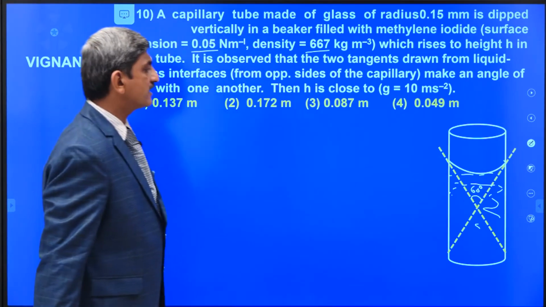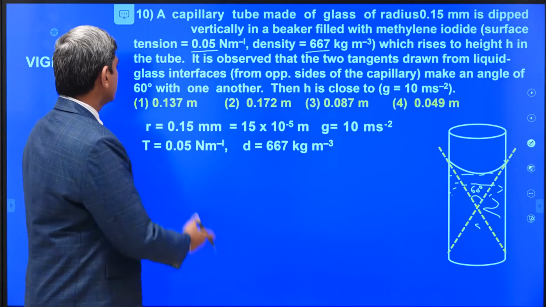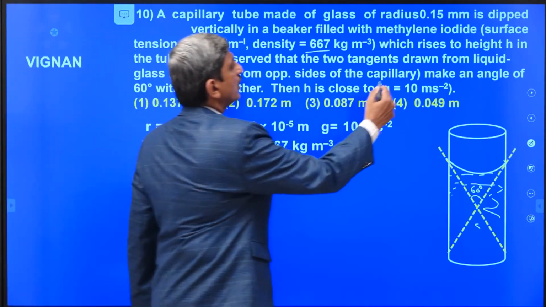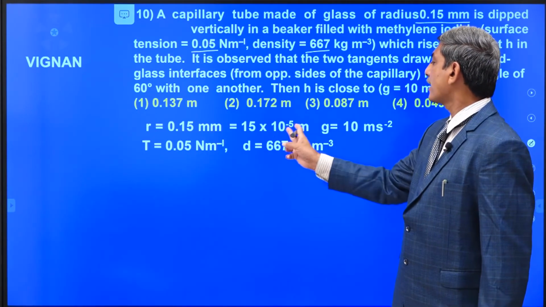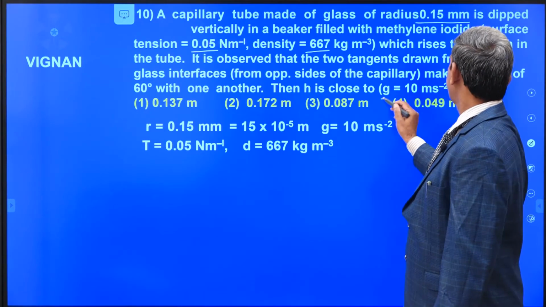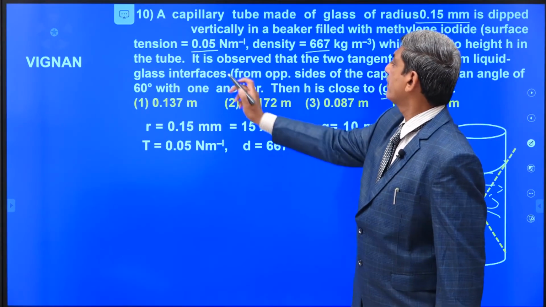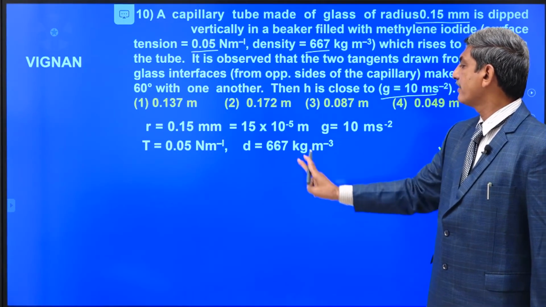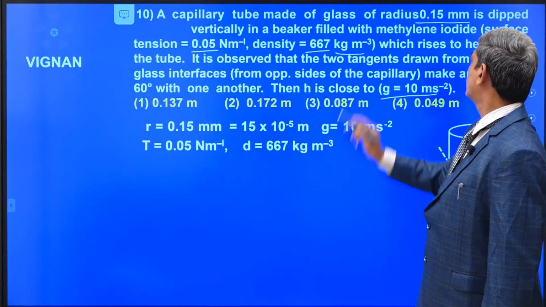If we write down the other data, r is equal to 0.15 millimeter, that is 15 into 10 to the power of minus 5 meters. g is given as 10 meter per second square, the surface tension of the liquid is 0.05 Newton per meter, and the density of the liquid is 6.667 kg per meter cube.